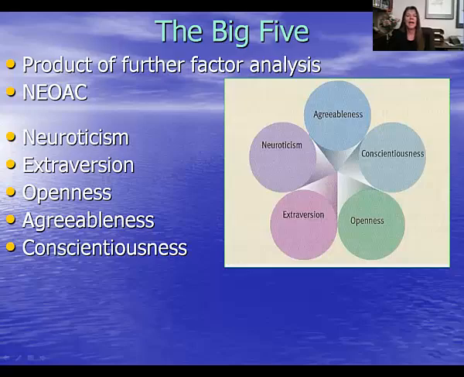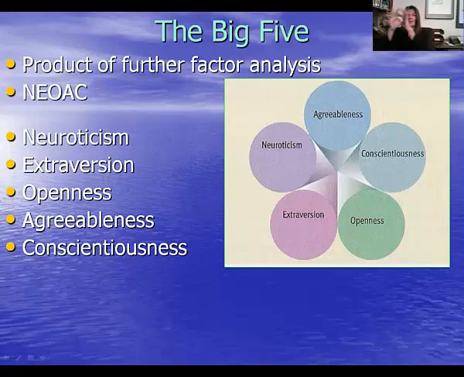Factor analysis is a way of taking all 4,000 traits, with this purpose in mind, putting them in a two-dimensional space, and identifying the main clusters. As you can imagine, with 4,000 traits, they're going to be all over the place, right?